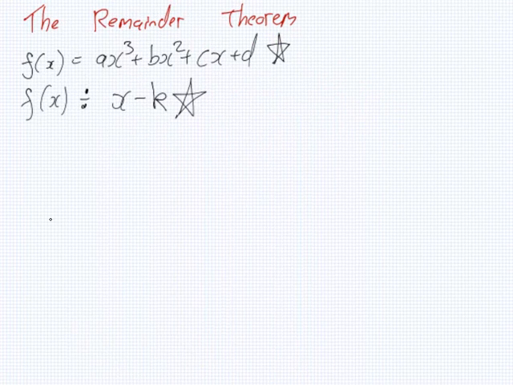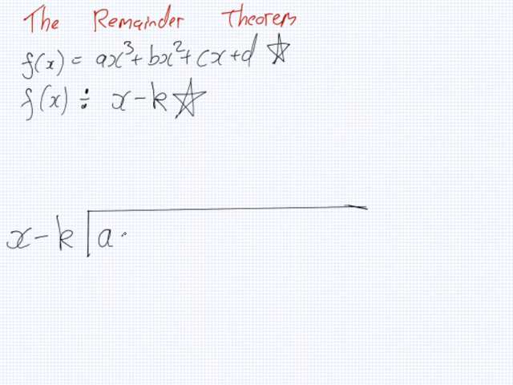So we'll start here. x minus k divided into ax cubed plus bx squared plus cx plus d. Okay, so what do I get first when I divide? What should be my first term? Should be ax squared, yeah.